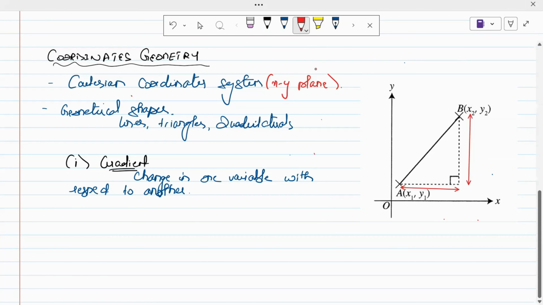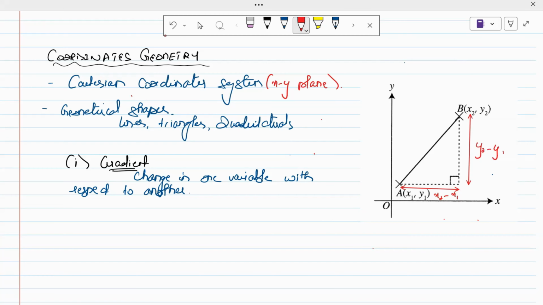So change in x direction means it is basically x2 minus x1. If we are talking about 2 points, the 2 points here are point A (x1, y1) and point B (x2, y2). So we have two x coordinates and two y coordinates here. When we say change in x coordinate, that is eventually x2 minus x1. And when I say change in y coordinate, that would be y2 minus y1.